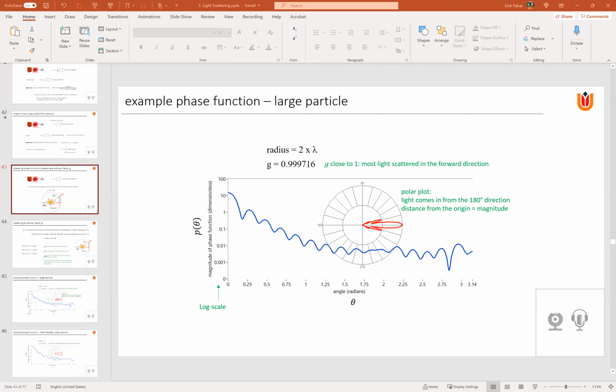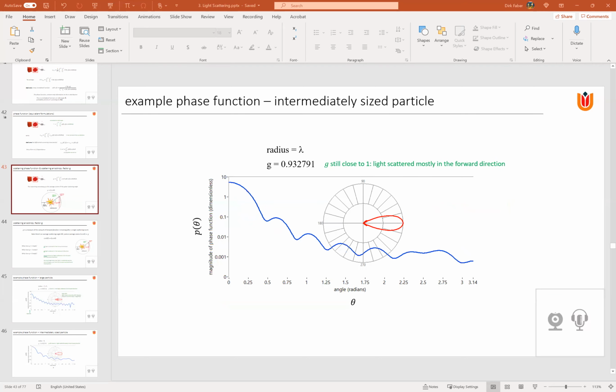You can see it even more clearly in the polar plot, where the light is scattered predominantly in the direction where it came in. You can also infer it from the G value, the average cosine of the scattering angle, which is really close to 1. So most of the light is in the forward direction.